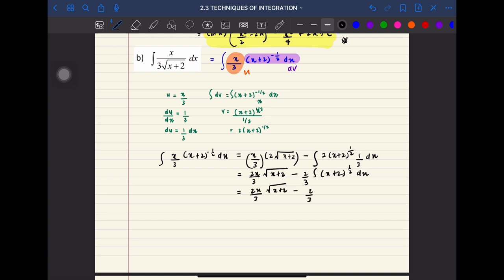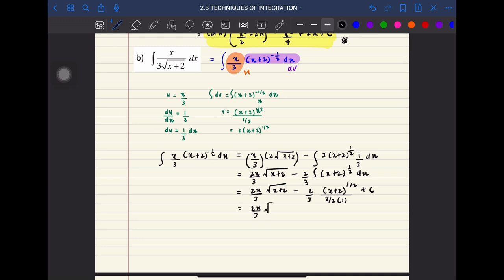And then for this one, we can directly integrate using the basic integration formula. So the power will become plus 1. So 1 over 2 plus 1 is 3 over 2, and then divide by 3 over 2, and also differentiate inside, which is 1. And then the last one, plus c. Okay, so don't leave your answer like this because you have a fraction as your denominator.